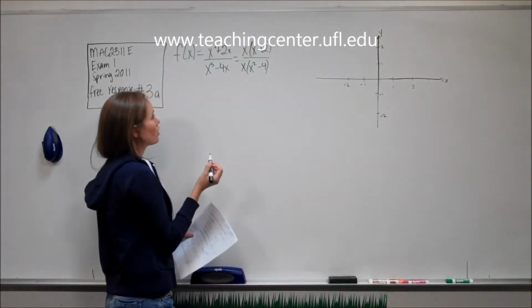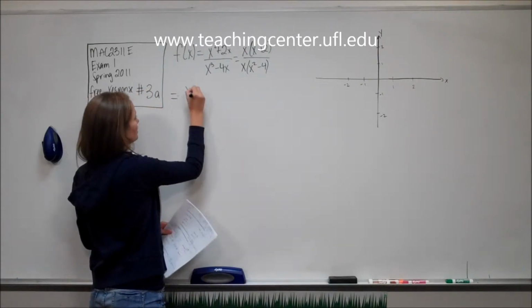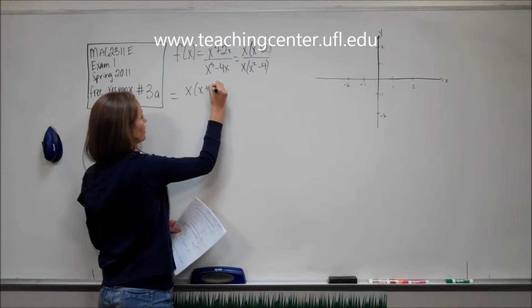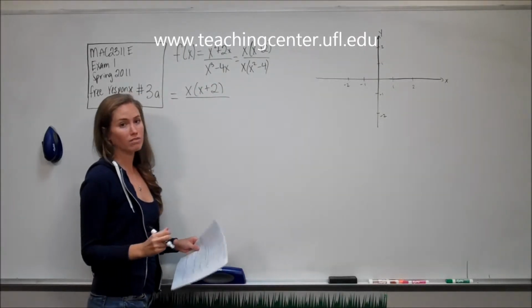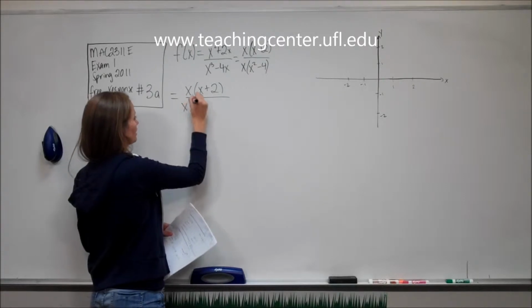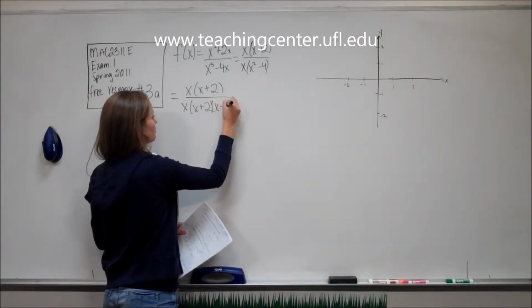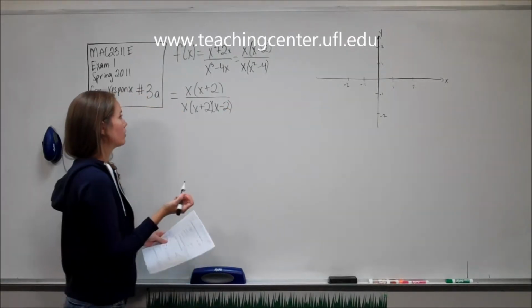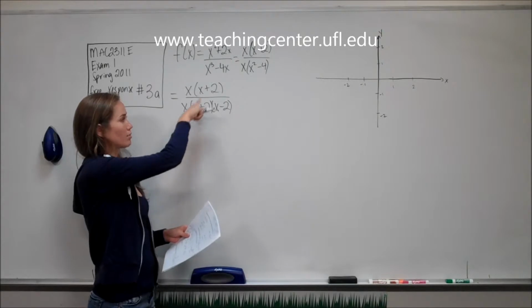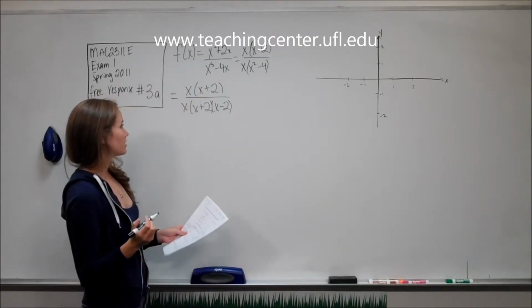We can simplify further: on the top we still have x times (x plus 2), and on the bottom we factor x squared minus 4, so it becomes x times (x plus 2) times (x minus 2). Now we have an x and an x, and an x plus 2 and an x plus 2, on the top and bottom, so we can cancel those out.